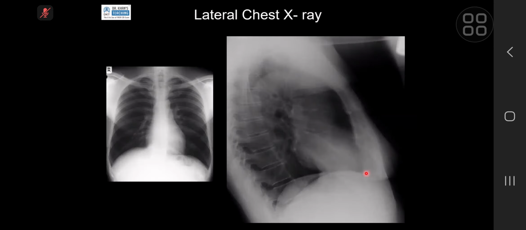Now, the point is, let's revise the lateral chest X-ray. A lateral chest X-ray can still come in the exam, and it has happened in the FRCR exam that one of the candidates, who was my registrar, got a lateral chest X-ray as the first X-ray instead of a PA film.